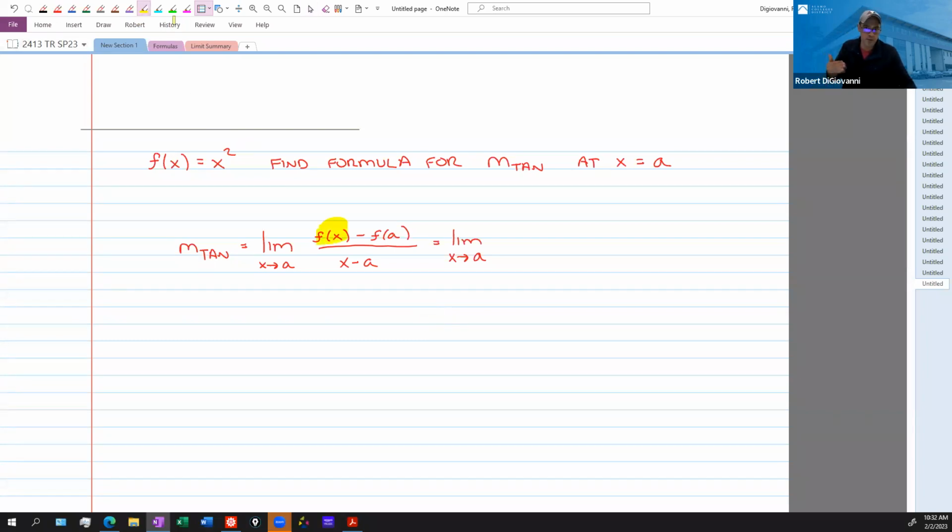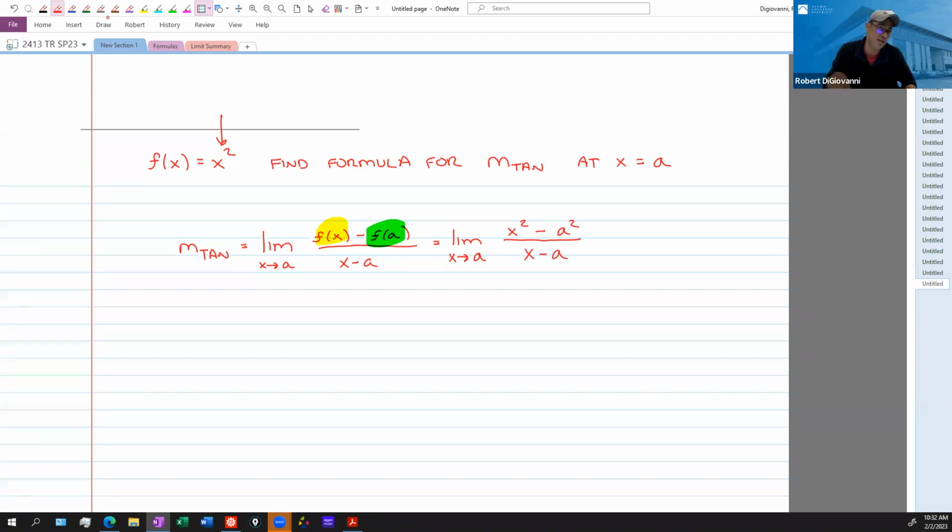Well, that's what the original function is, right? So for us, that's x squared. Minus, what is f of a? Well, that's what we get when we plug a into the function. So for us here, it should be a squared, right? A squared over x minus a. That doesn't change.